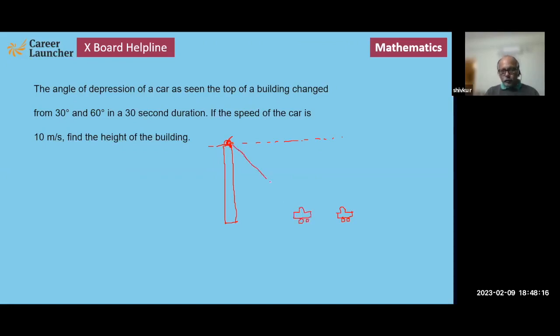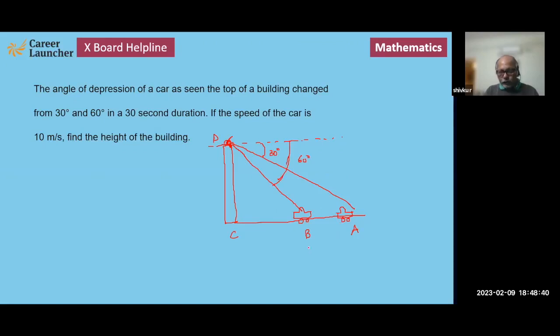So यहाँ से यहाँ move हुआ, and this happened over a period of 30 seconds. So it moved from 30 degrees, this point, this is 30 degrees. Let's call this point A, this is point B, and this is point C, and this is D. And then this becomes 60 degrees.